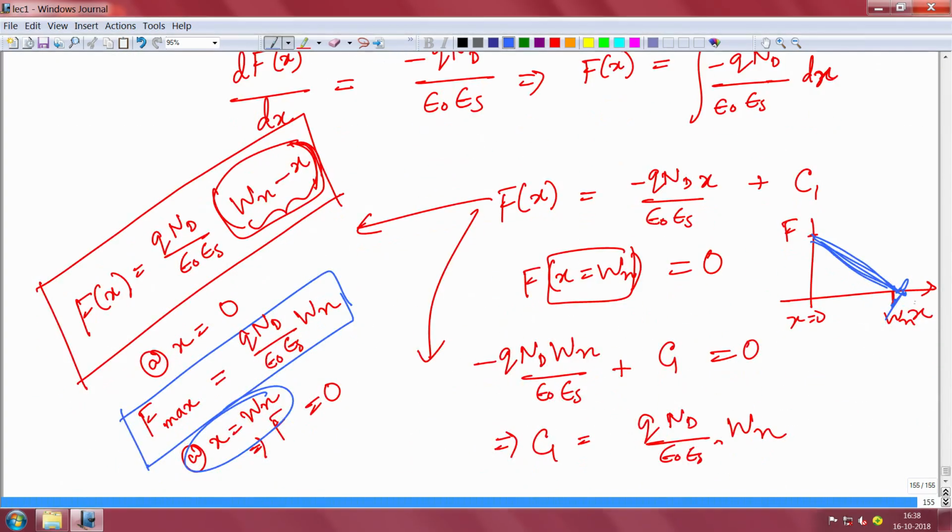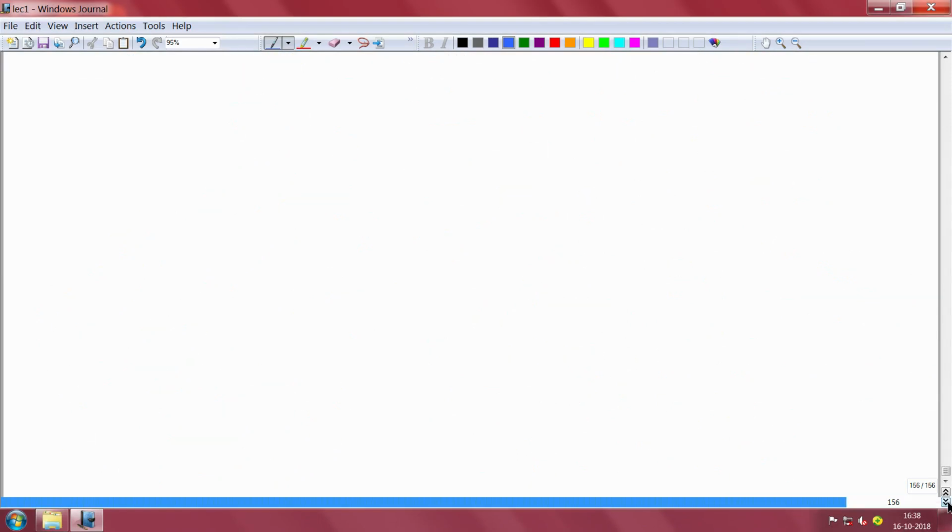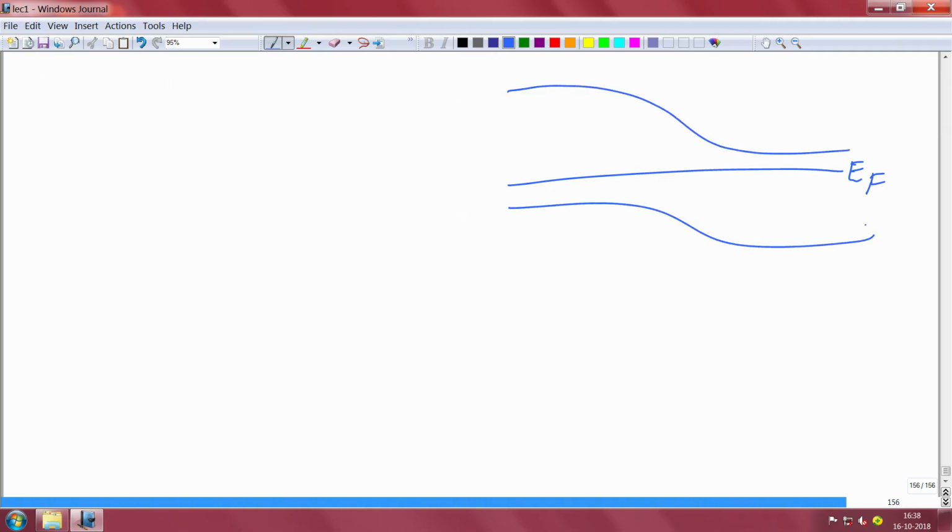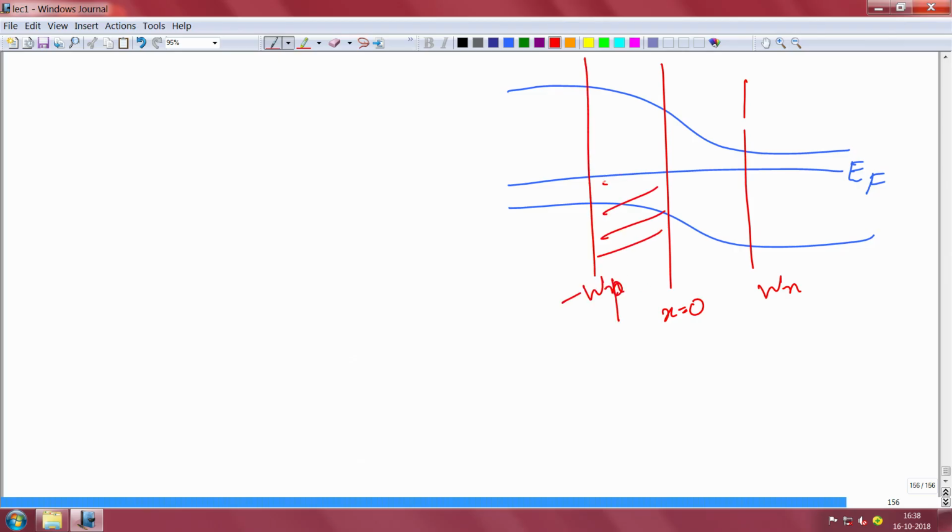Similarly, I can do the same exercise for the p side. If you recall, this is EF. I told you that I had only taken care of this part, x equal to 0 and the depletion edge here, only the n side. But I can also take minus Wp, this part on the p side.